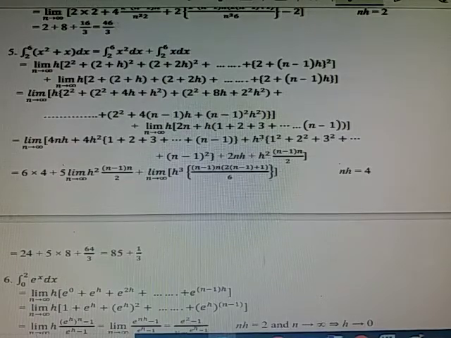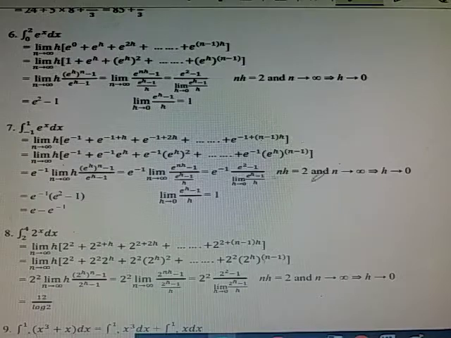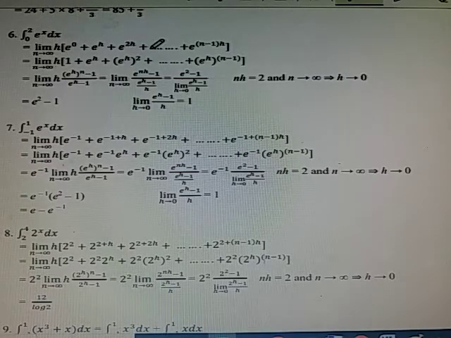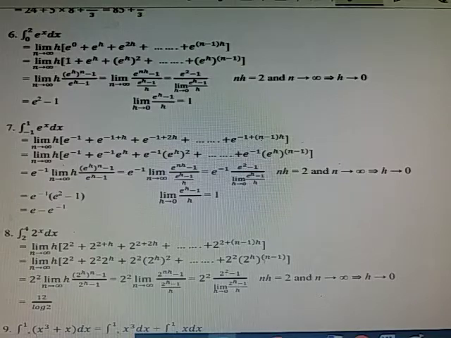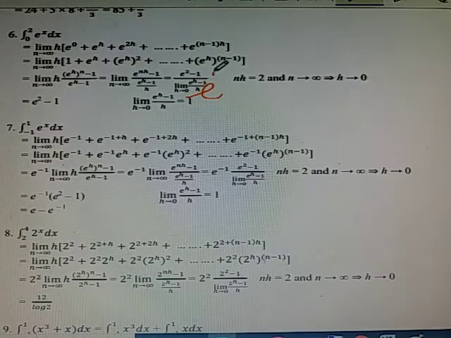And number 6 is e to the power x. So f of x plus h: you have to write e to the power x plus h.